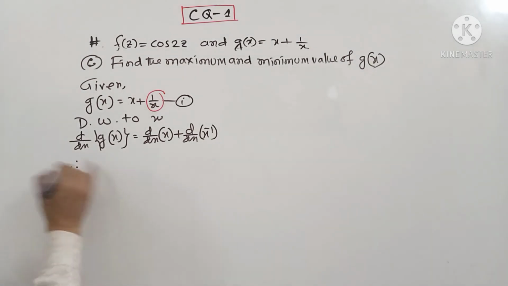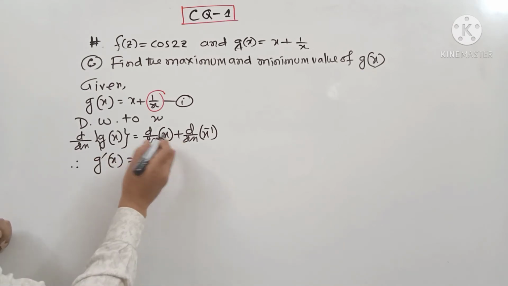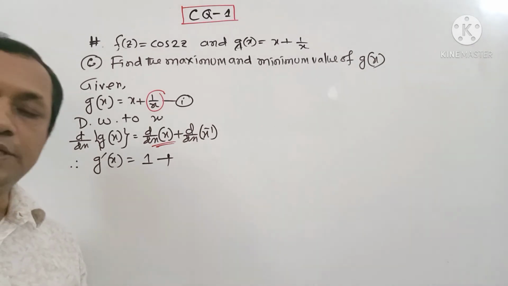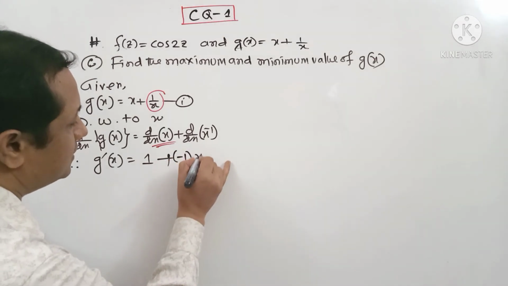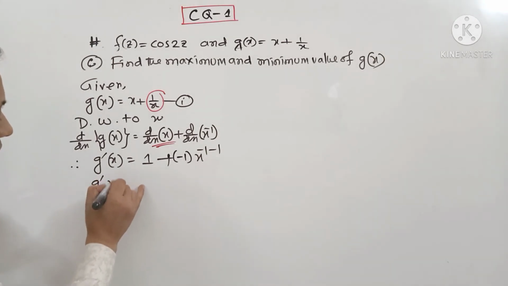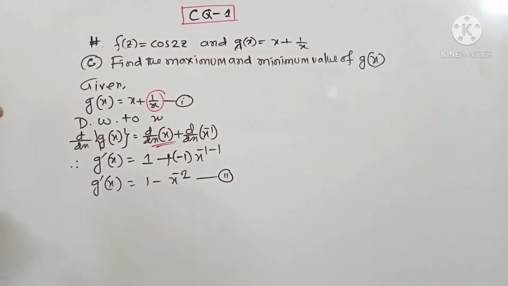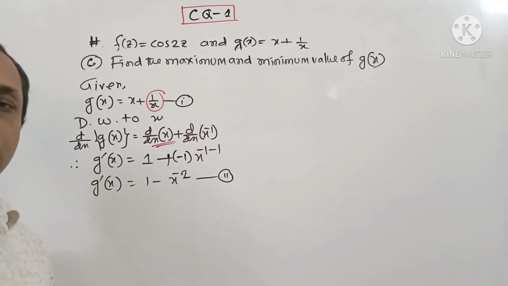Now we can write d/dx of g of x equals g prime x, and using the formula, student, we know that d/dx of x equals 1, and now again using the formula d/dx of x to the power minus 1, take the minus 1 to the first position, and here minus 1 minus 1. Now g prime x equals 1 minus x to the power minus 2, equation number 2. So student, here one time differentiation, g prime x equals 1 minus x to the power minus 2.